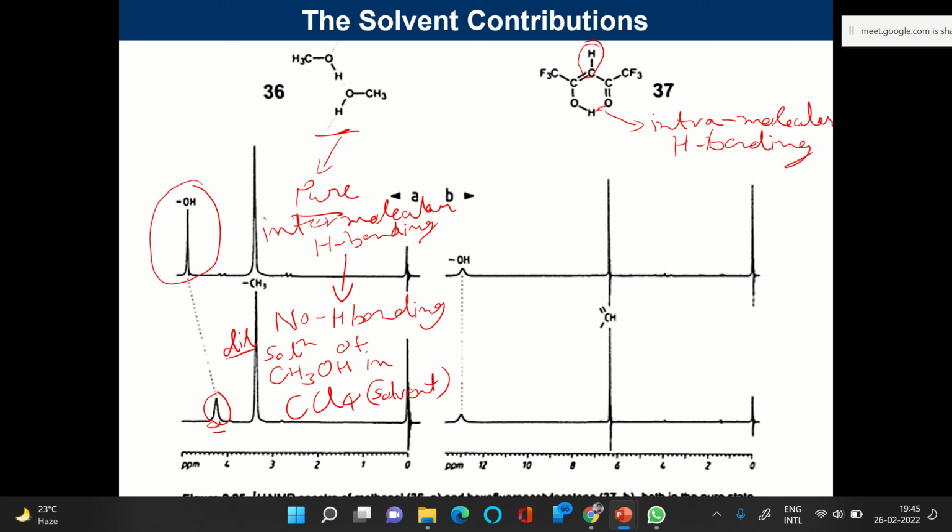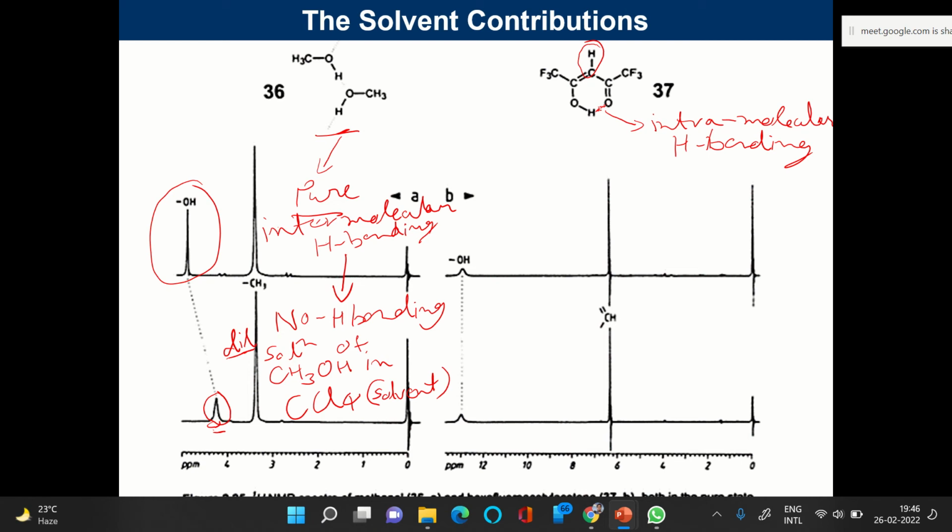This particular hydroxyl proton will be affected, but it will be affected to the same extent irrespective of what the solvent is.